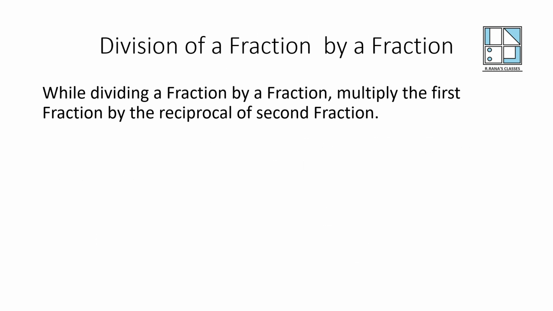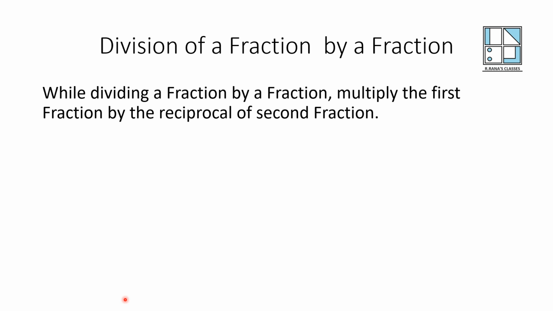Division of a fraction by a fraction. While dividing a fraction by another fraction, the first fraction is multiplied by the reciprocal of the second fraction. Here the first fraction is dividend and the second fraction is divisor.